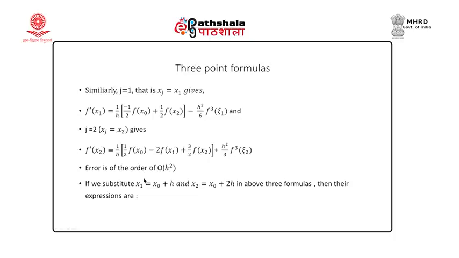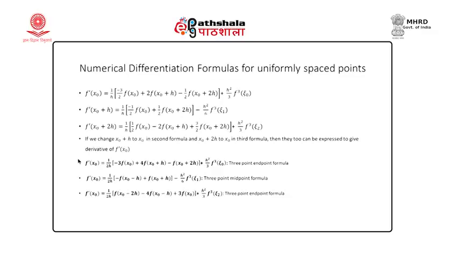In these formulas, if we substitute x1 as x0 plus h and x2 as x0 plus 2h, we get these expressions, and if I take 1 by 2 common also, it gets simplified to an elegant form given by f dash x0 is 1 by 2h times minus 3 f x0 plus 4 f x0 plus h minus f x0 plus 2h, and the error term is h square by 3 times the third derivative at the point xi0. And the second formula, when j is 1, f dash x0 is 1 by 2h.